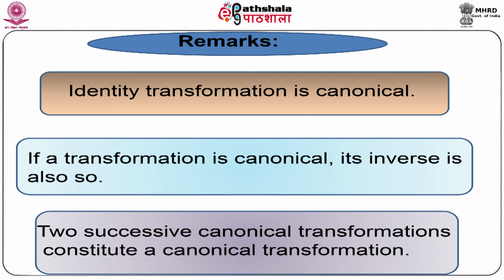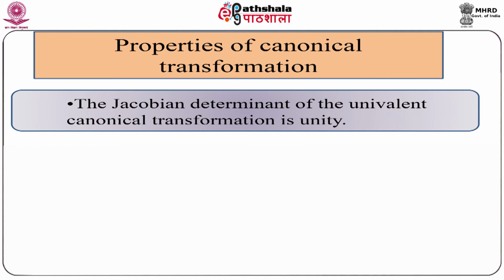Two successive canonical transformations constitute a canonical transformation. Now, we shall discuss properties of canonical transformation. The Jacobian determinant of the univalent canonical transformation is unity.